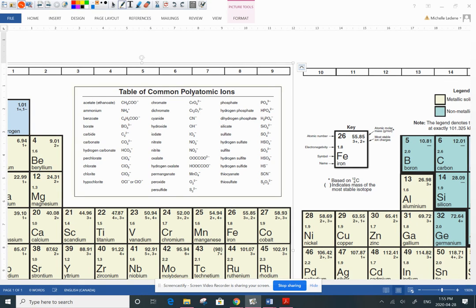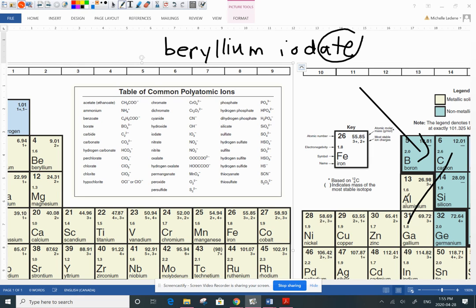Okay, so an example of the question we were looking at here was beryllium iodate. When you see those ATE endings, the clue is that you're not looking over here. It's not going to be one of these non-metals that's listed to the right of the periodic table.